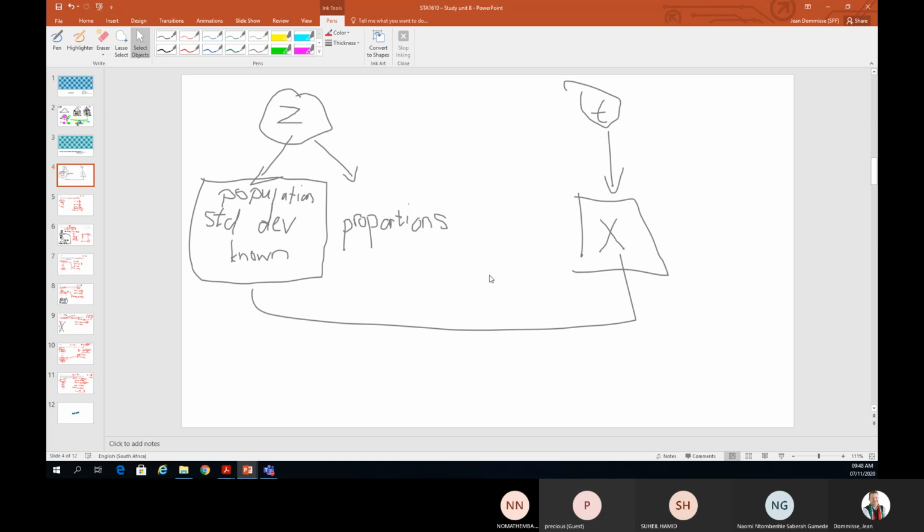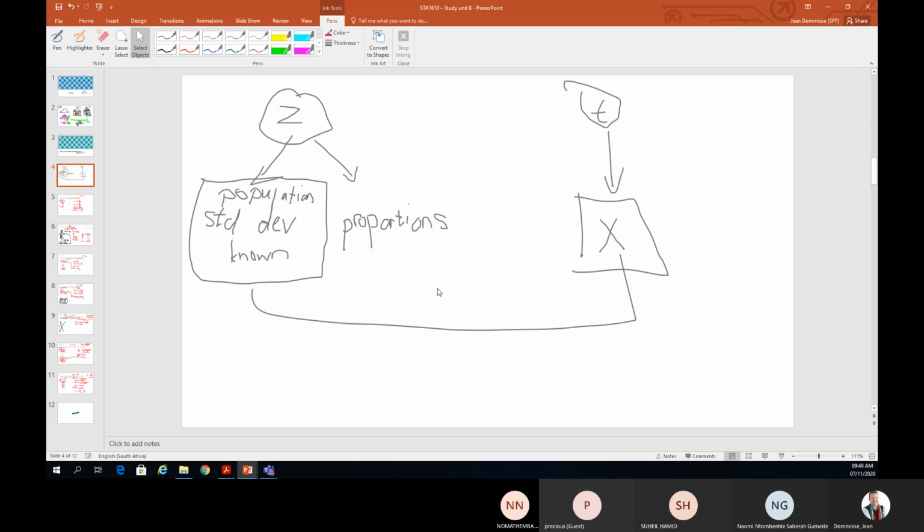So if it was 90%, we say 1 minus 90%, which gives us 10%, and 10% divided by 2 gives us 5%, so 0.05. Okay, so that's just a quick recap of what we need to remember. With the Zs, they normally ask us for a confidence interval of 95%. 95% is always a Z equal to 1.96.